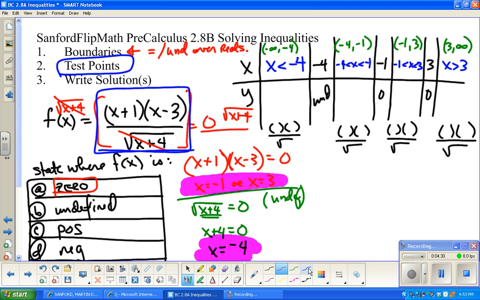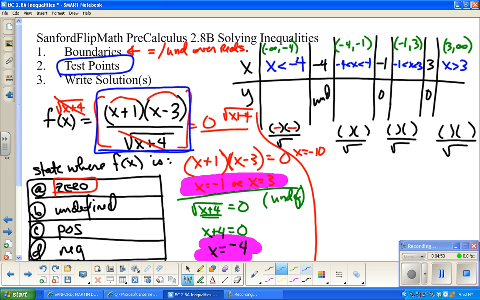All right, so we're going to take some test points. For this leftmost region, I need something to the left of -4. How about -10? You can use -5, you can use -4.1, whatever you want, just as long as it's less than -4. So -10 plus 1 is negative. -10 minus 3 is negative.